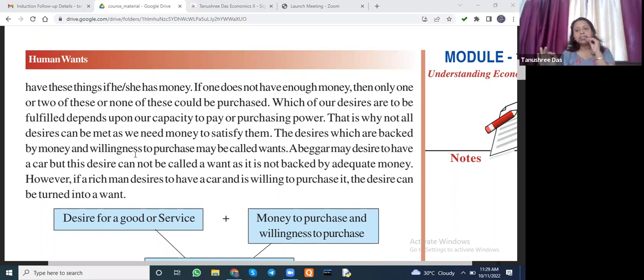Means I can desire a Mercedes Benz car, a big house, a shopping mall. It is my desire, definitely I can have it. But until and unless I am able to buy that particular thing, if I don't possess the income or purchasing power to purchase those things, they will not be considered as wants. Those will be termed only as desire.